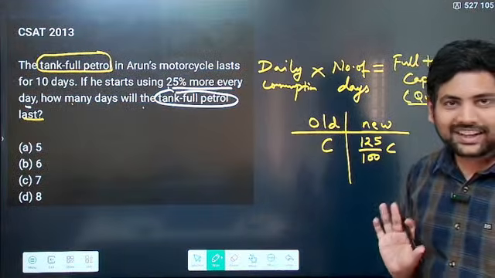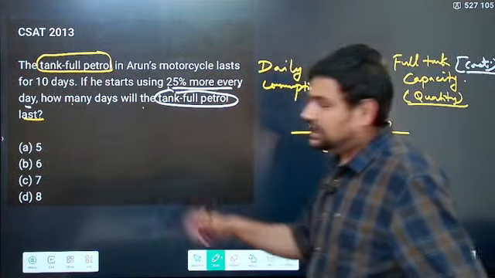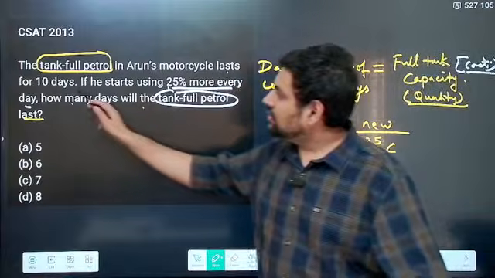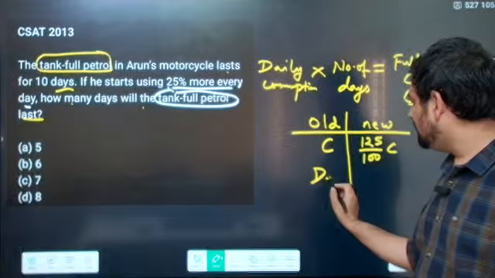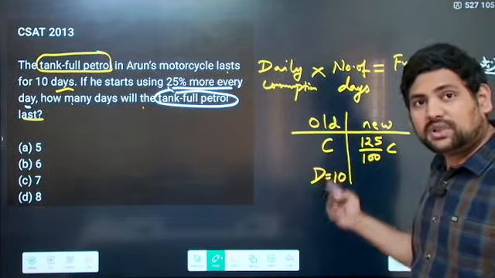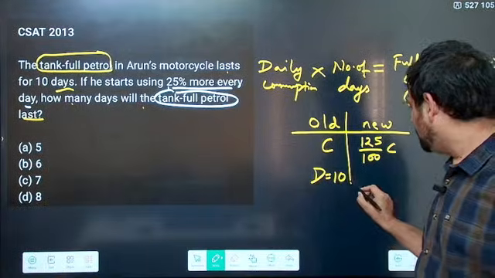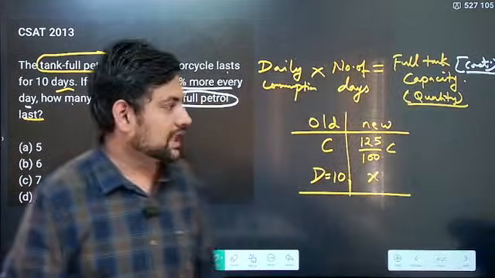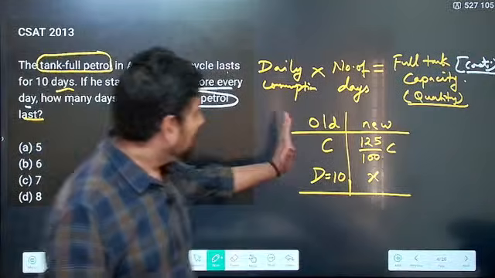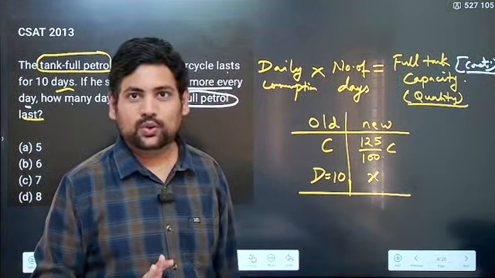This you understand? Correct? Now, earlier it used to last 10 days. So this is consumption is done. Now the earlier D was equal to 10. This is the number of days it lasted. Now you need to find how many days will it last. So I am keeping this X. Correct? Old, new, simple.